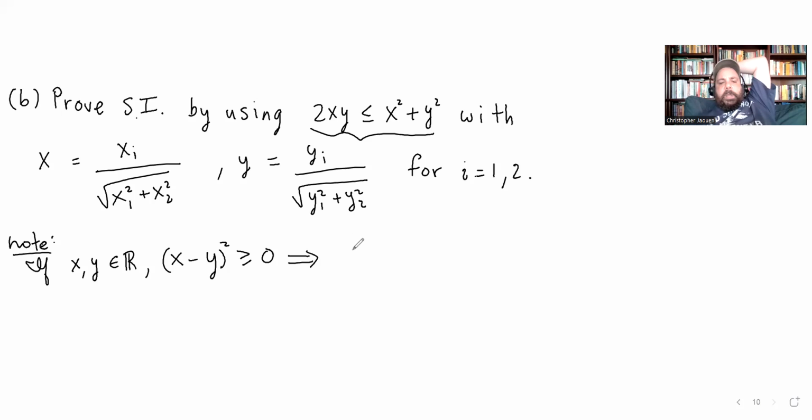If you expand this, you get x squared minus 2xy plus y squared greater than or equal to 0. And then you just add 2xy to both sides, and that gives you that expression there.